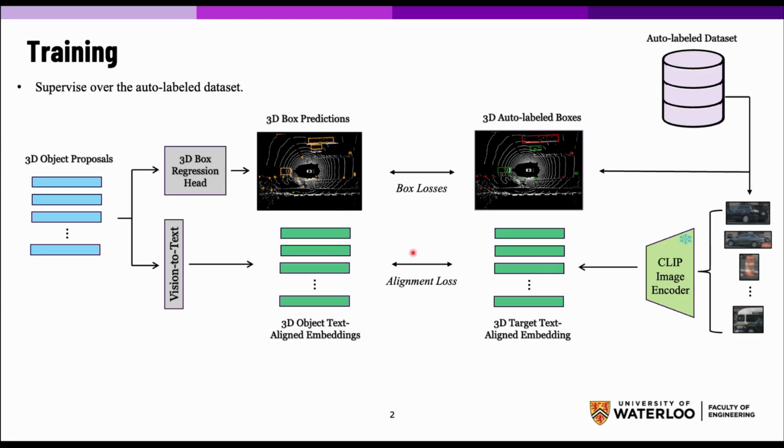But on the other hand, we also need to perform some alignment between the 3D object text alignment embeddings and what we propose as the target alignment embeddings, which is also produced by CLIP. We get these CLIP embeddings by retrieving the region crops produced by the vision language model. And because we're able to pair and associate them ahead of time, we can easily retrieve them and perform this alignment.